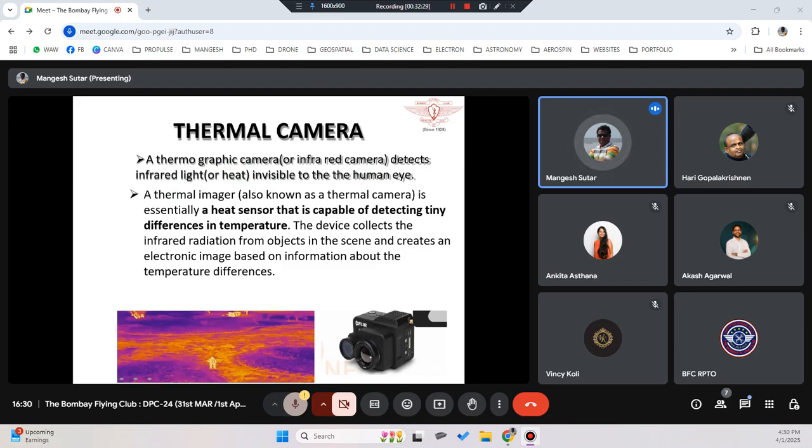The device collects the infrared radiation from the objects in the scene and creates an electronic image based on the information about the temperature differences. Because there are minor differences in temperatures, it will recreate that structure in what we call a thermal image.